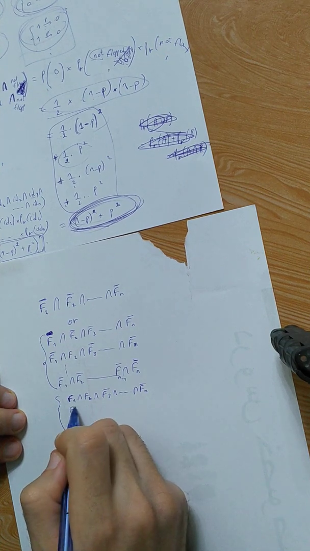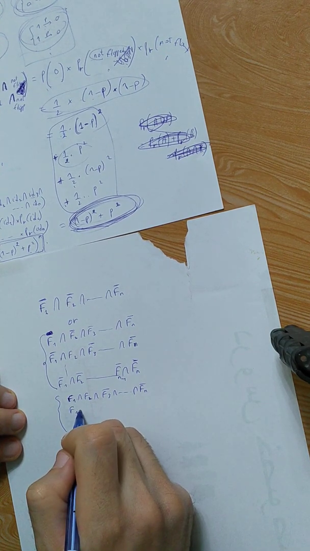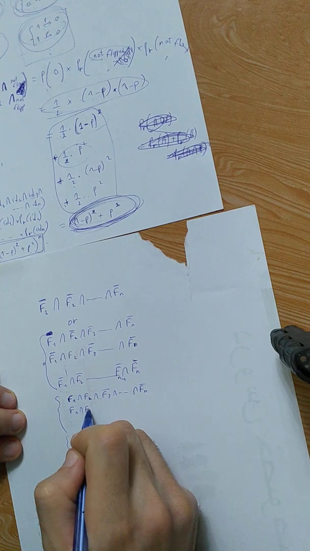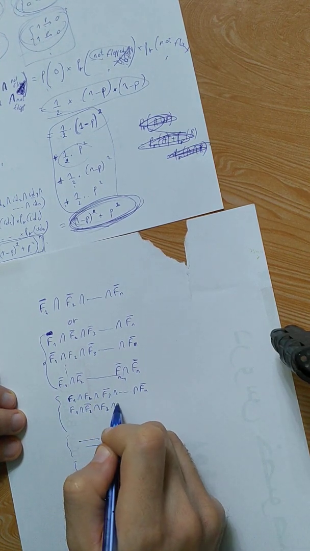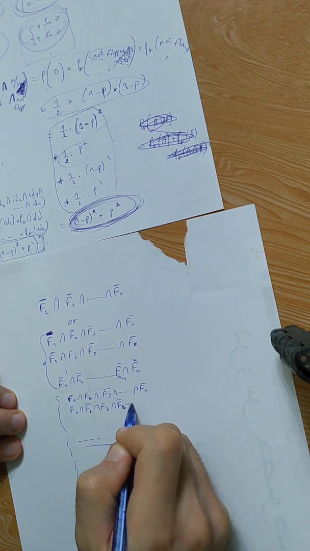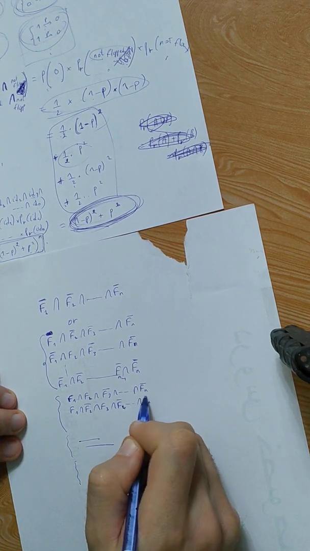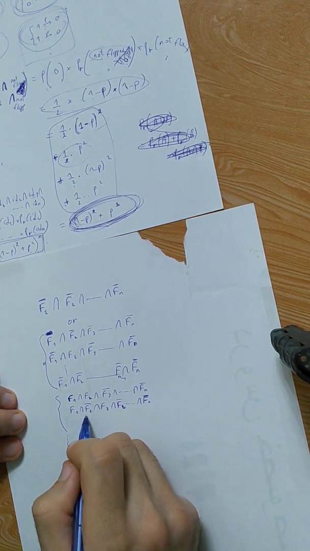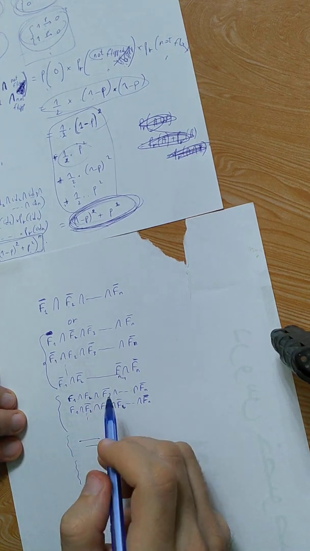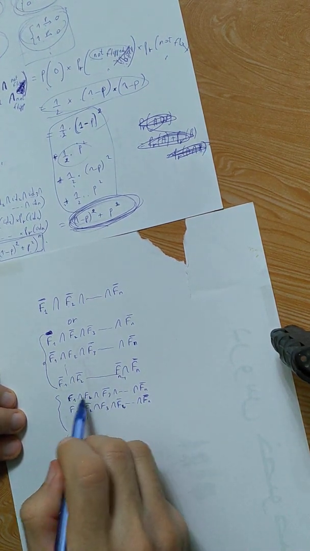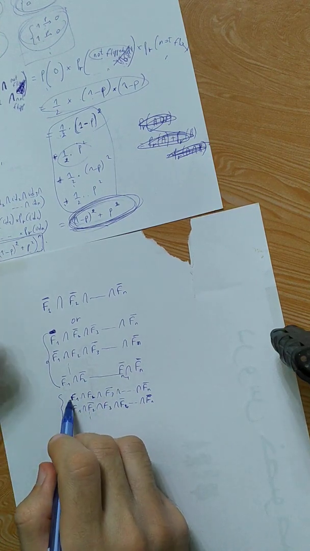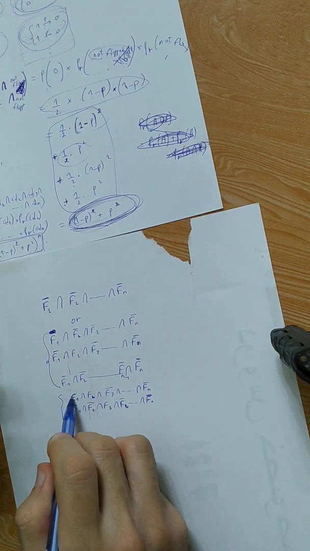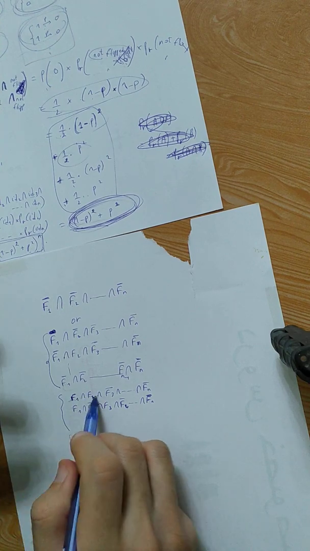Or F1 and F2 not flipped, F3 flipped, F4 not flipped, and Fn not flipped. Please consider that there is no order. There is no use in saying F2 here or F1 here. It's only one case to consider.